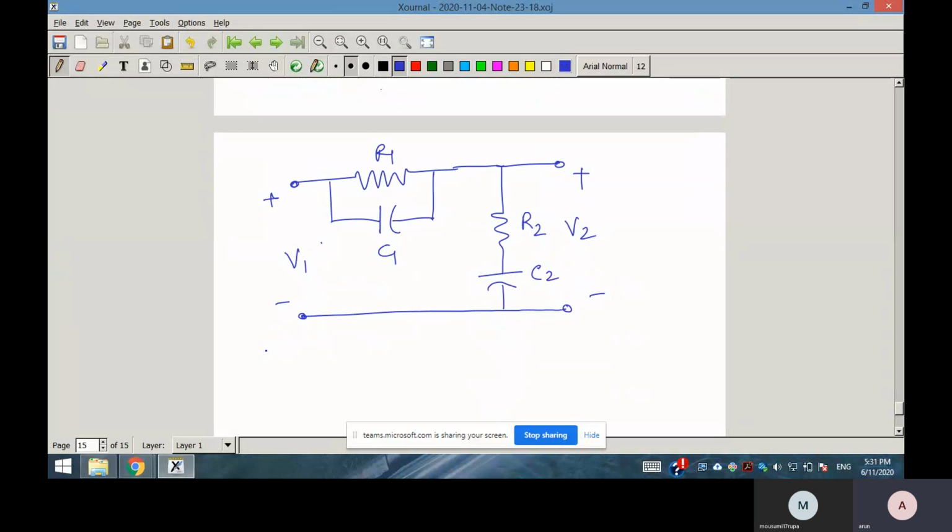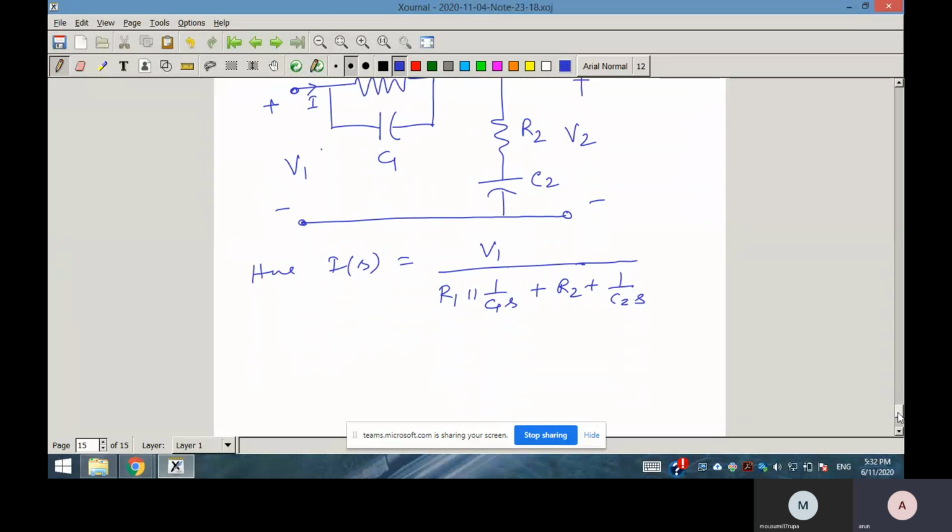So what is V2(s) by V1(s)? Here you can easily see, suppose your current is I. I(s) will be equal to V1 divided by R1 parallel 1 by C1s, plus R2 plus 1 by C2s.